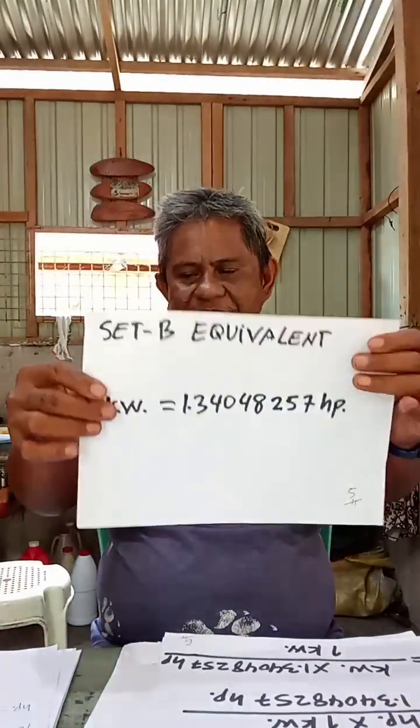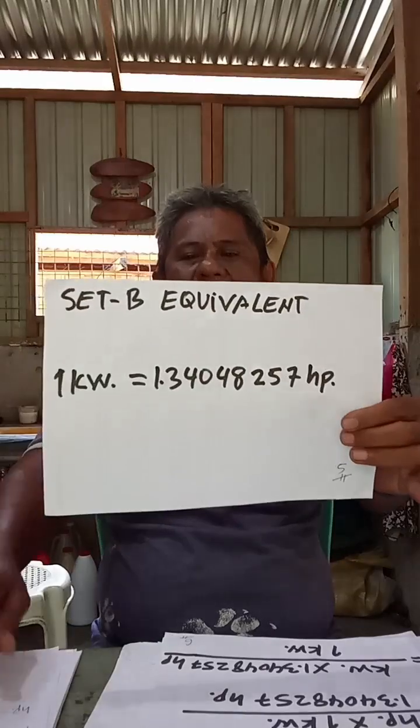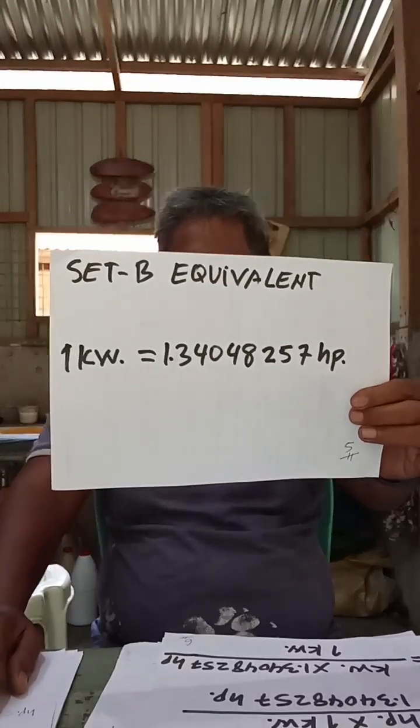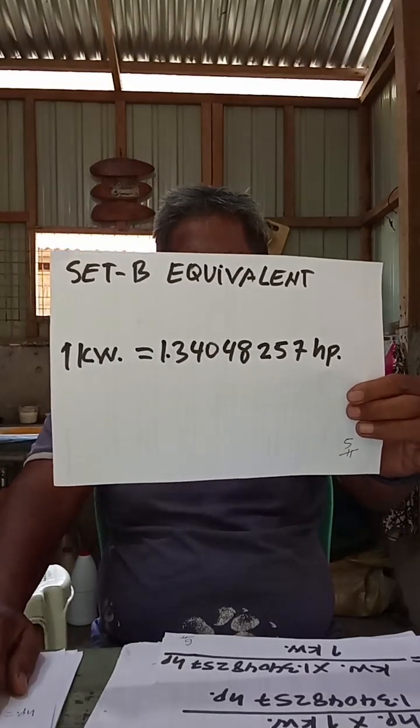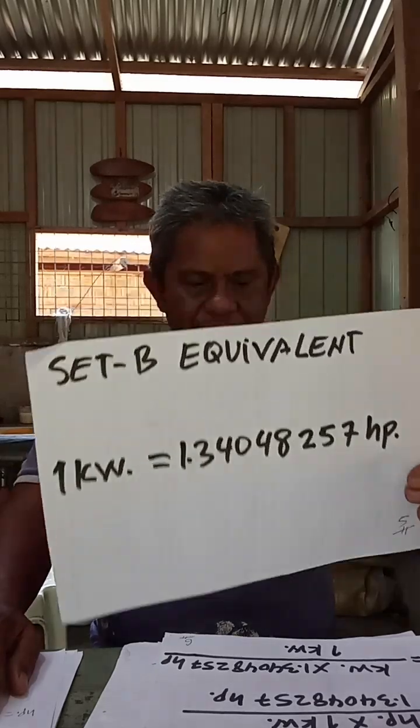So, set B tayo. Set B equivalent. 1 kilowatt is equal to 1.340482574 horsepower. No?